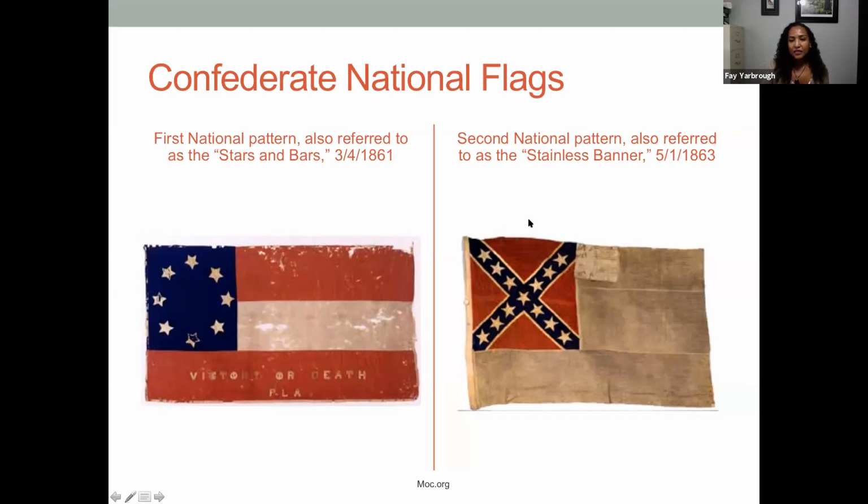Then we'll see this move by May of 1863 to this second national pattern, also referred to as the stainless banner. Here, if we could be more interactive, I would be asking you to say, any potential problems with a big white flag with only an emblem in the corner during a time of war, right? So this looks a little bit too much like a white surrender flag.